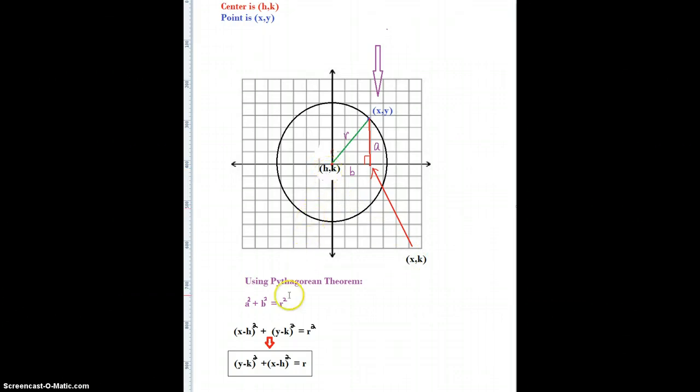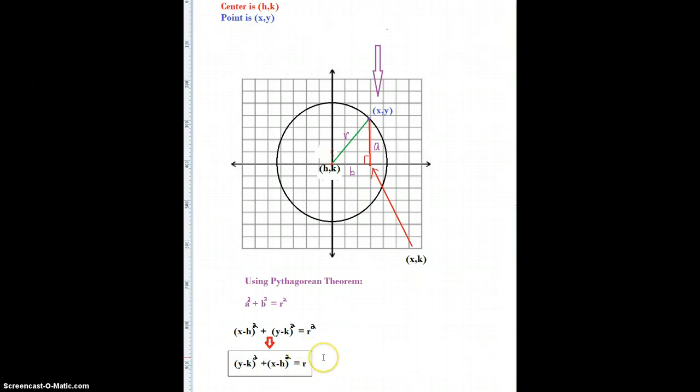So we end up getting something that looks like this: x minus h squared plus y minus k squared equals r squared. Oops, I didn't square the r down here. I'll have to fix that.